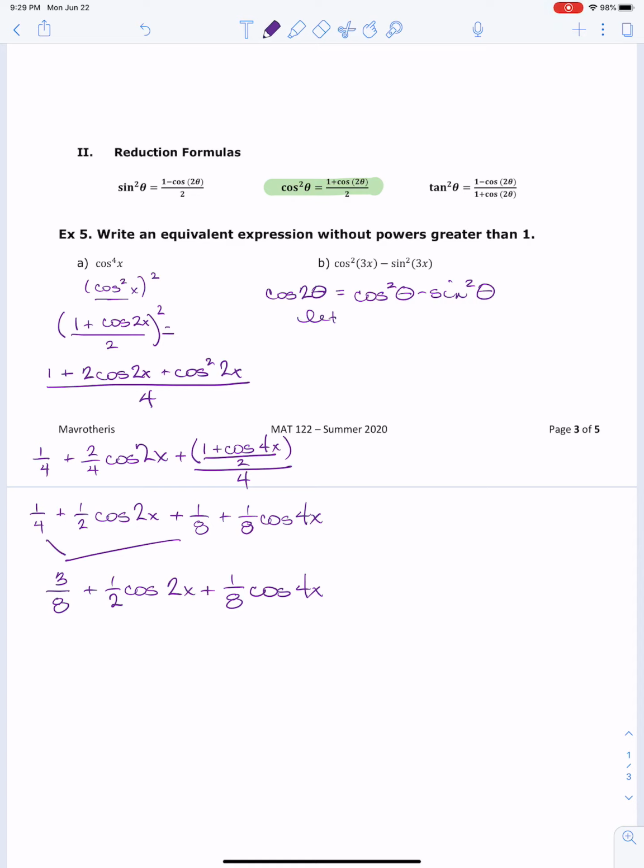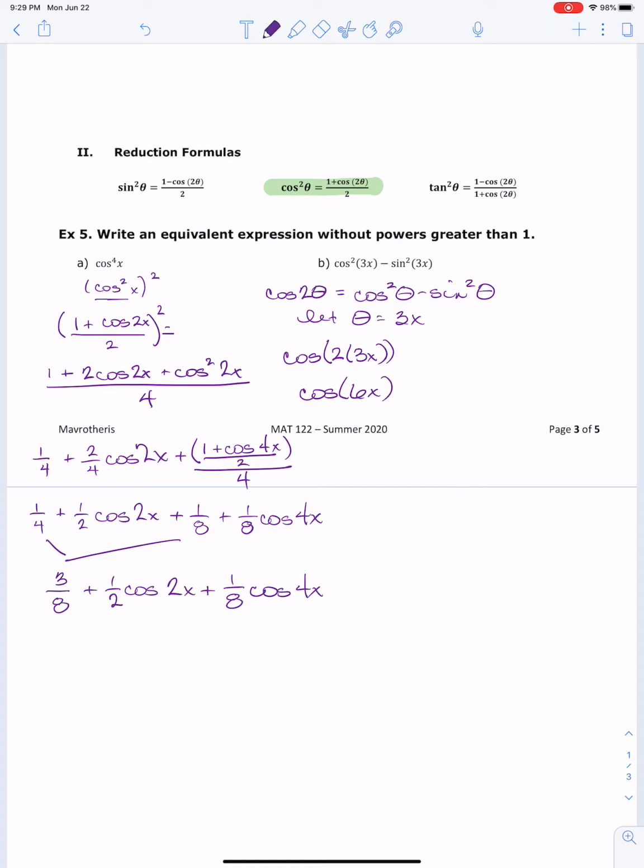If I call theta 3x, then I have the right-hand side. I have cosine squared 3x minus sine squared 3x, which means this becomes cosine of 2 times 3x. This is the cosine of 6x.